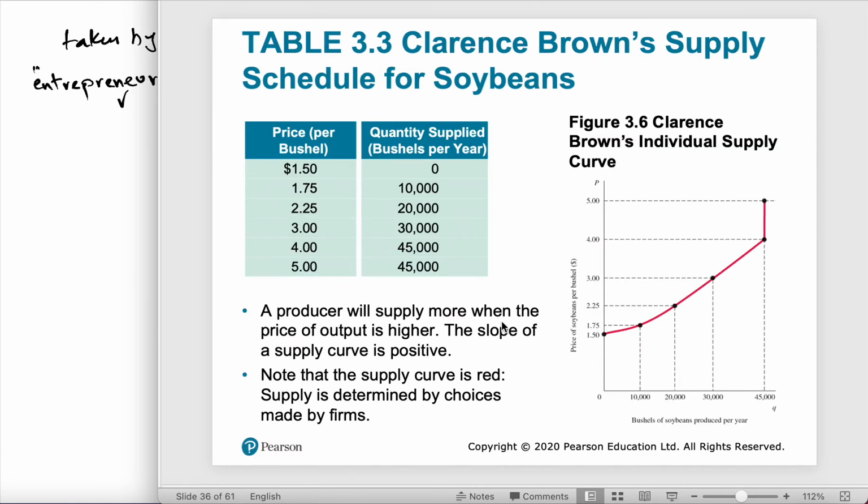For example, Clarence Brown is the supplier of soybeans. So if the price of soybeans is reflected here as it's increasing, it starts from 0 and is explained like this. You might ask why it starts from here. The reason is that this is basically showing the marginal opportunity cost.